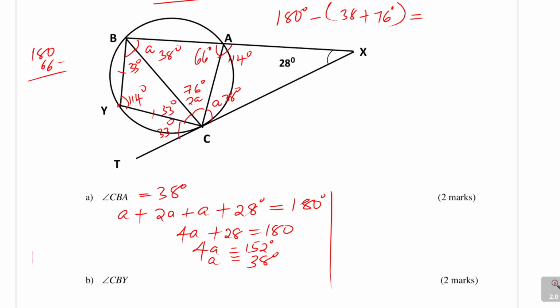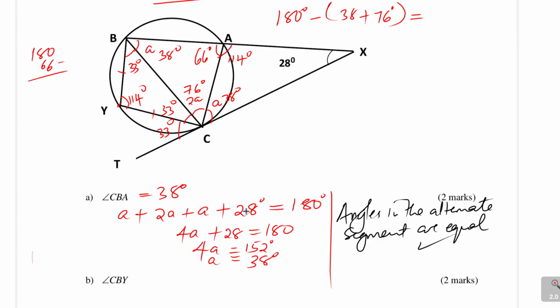So the reason, you can give any valid reason that you used. It is not a must for you to have one reason for an angle. You may get it by using any other reason, as long as the reason is valid. So this is: angles in the alternate segment are equal. That is the reason.